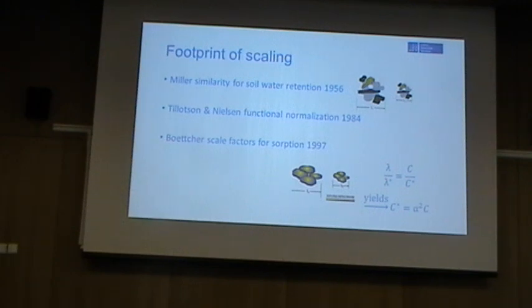In 1984, Lawson and Nielsen pointed out that scaling is in principle also applicable to other variable soil properties. So in 1997, Böttcher developed a theory.